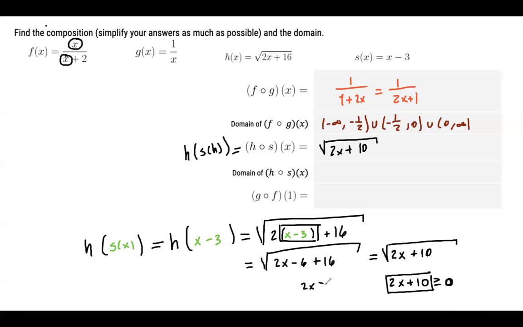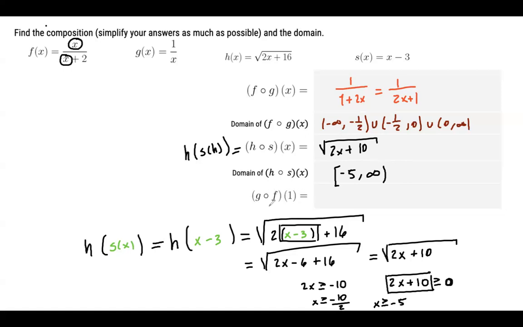So that's going to be 2x has to be greater than or equal to minus 10, and x has to be greater than or equal to minus 10 over 2, getting us x greater than or equal to minus 5. So the domain goes from minus 5 and everything that's greater than minus 5, moving to plus infinity. Infinity cannot be reached, but the minus 5 actually has to be included because that would produce a 0, and square root of 0 is still 0.